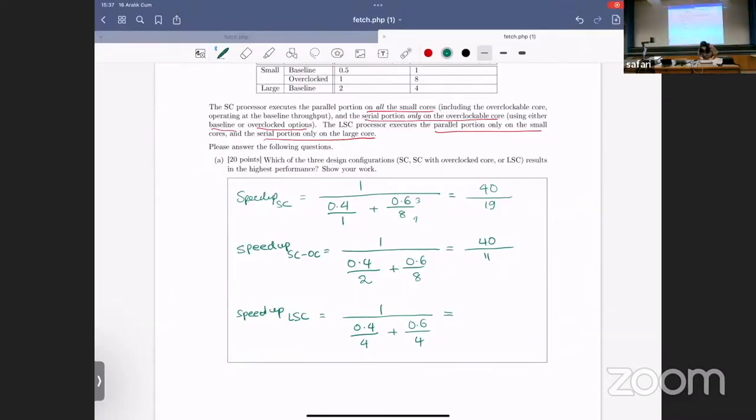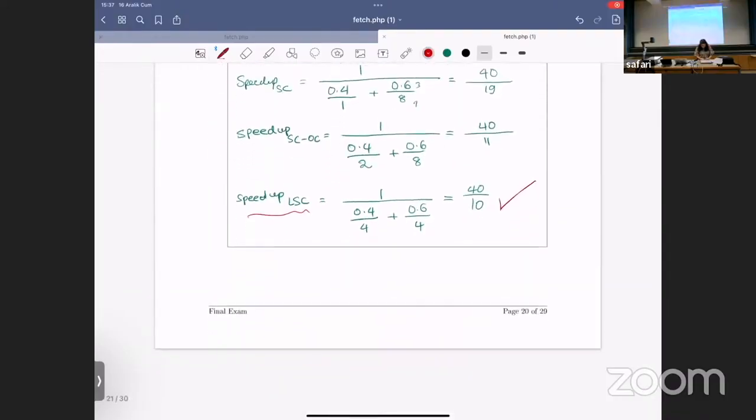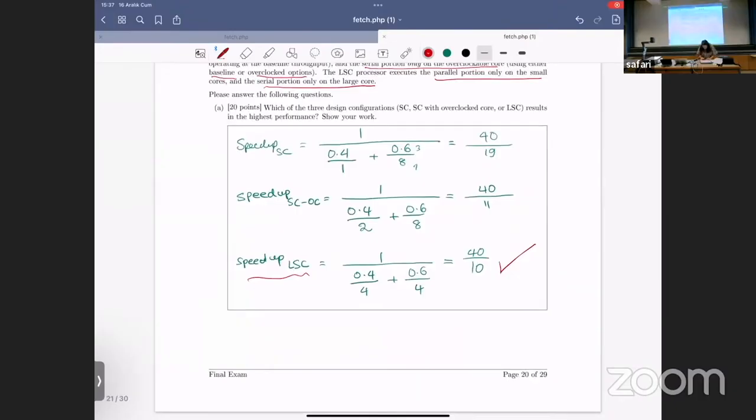But since we want to compare to other things, instead of writing 4, we can write this. So we would see that this one has the best performance because it has the highest speedup. This config. Okay, now let's go see what happens next.